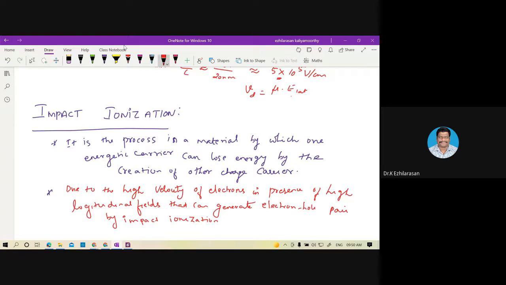So it will be like impacting on silicon atoms and ionizing them. So it will happen as follows.